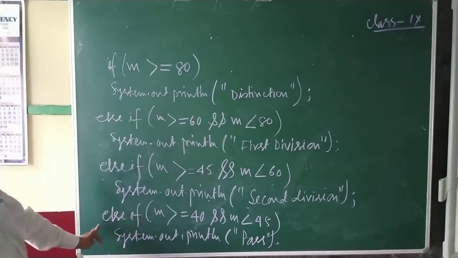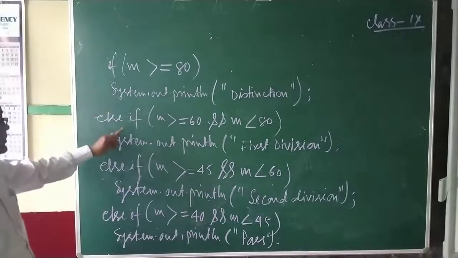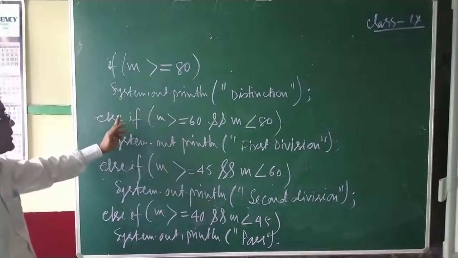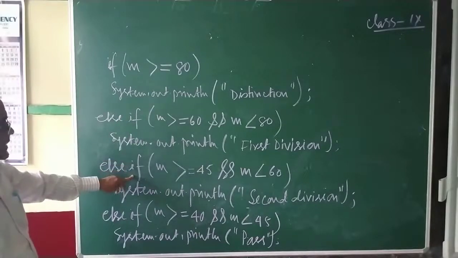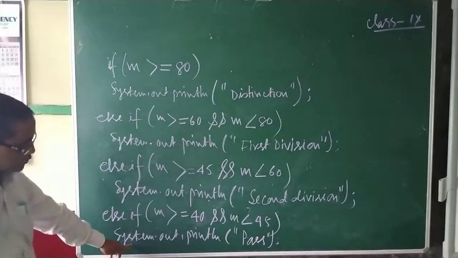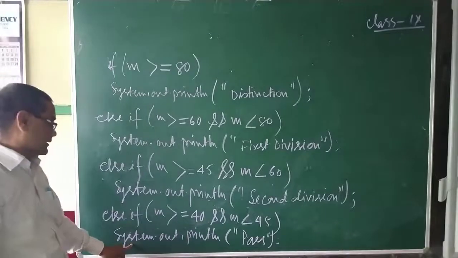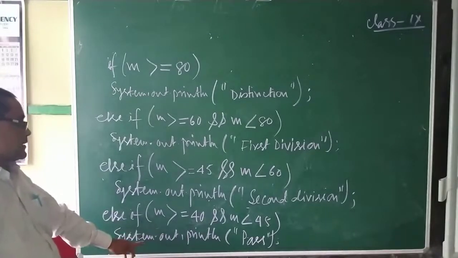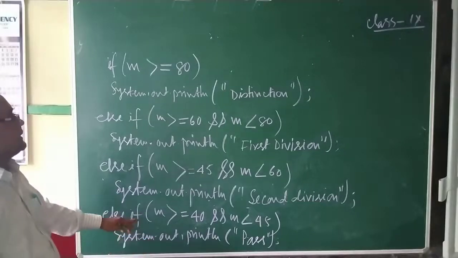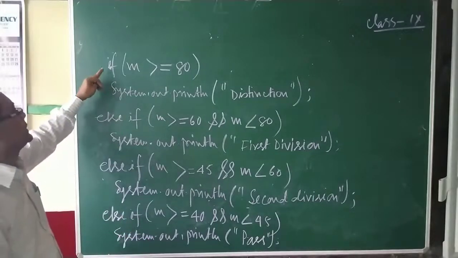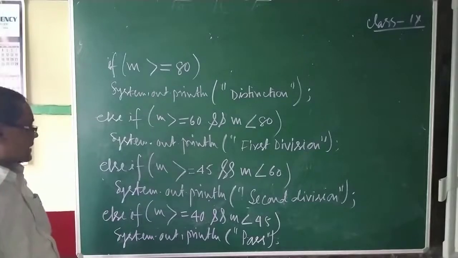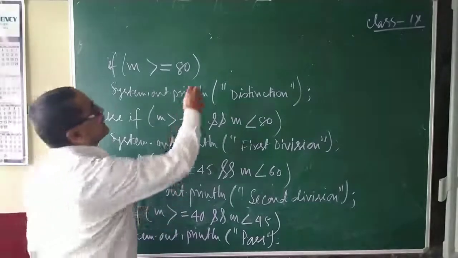That is possible only if you use if at each and every step. If you use an if statement, then for the last statement you also have to use a condition, m less than 40, then System.out.println fail. But here, as I went for if else, the last is else without a condition. I can write it here only.